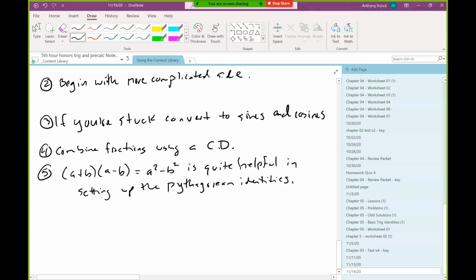And then using that difference of squares factoring pattern can be quite helpful in setting up the Pythagorean identities.